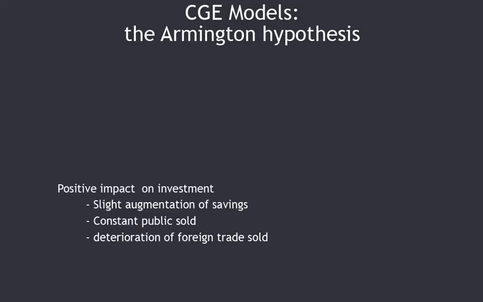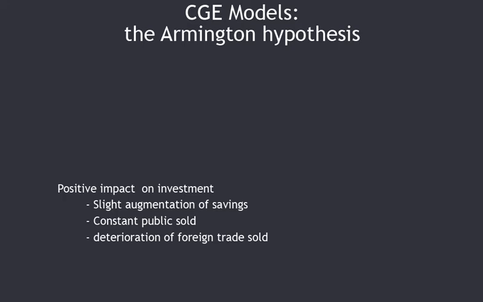There is also a positive effect on investment. This is explained by the fact that, on the one hand, there is a slight increase in national savings. This is normal: the saving rate is assumed to be constant, and the national income increases. On the other hand, the public balance is supposed to be constant.